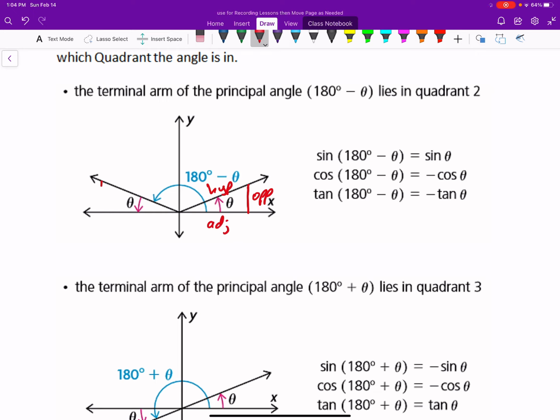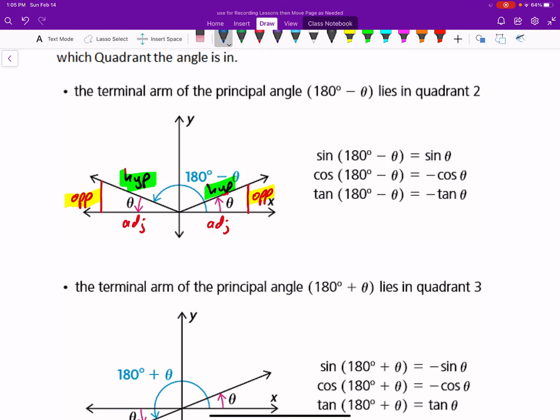And so if I make these angles over here, let's think about what's the same between these two angles and what's different. The opposite is the same for either one of those angles. They're both measured above the x-axis, they're positive y values. Hypotenuse is always positive, we never measure that as a negative, so that's the same no matter what.